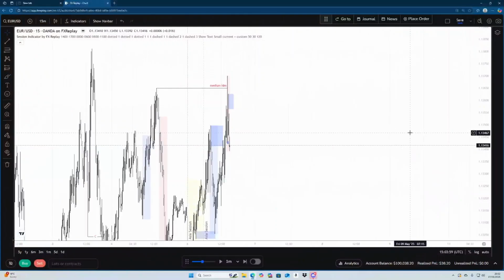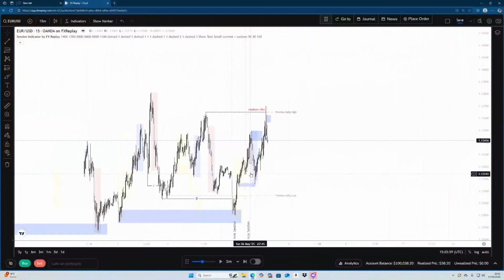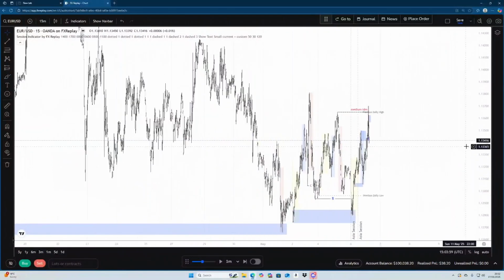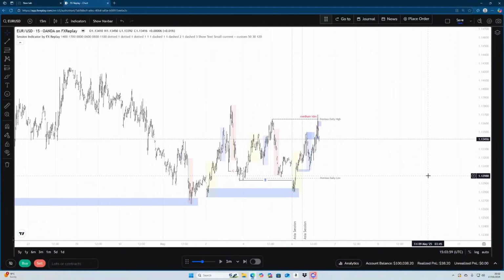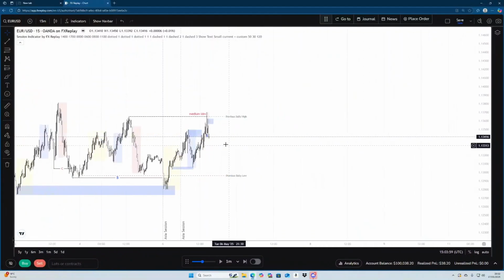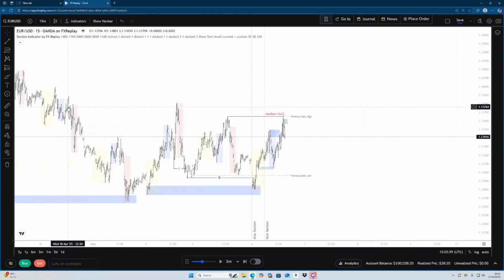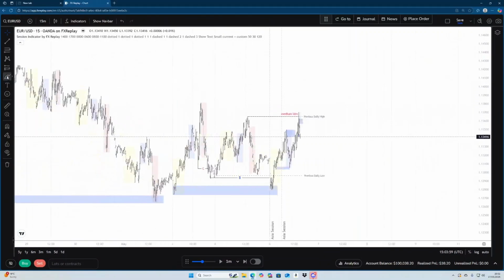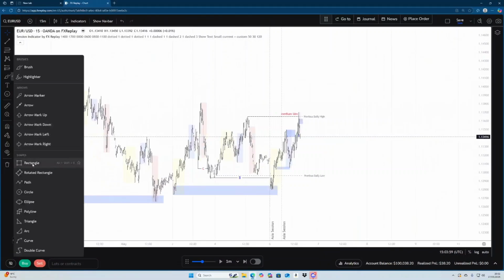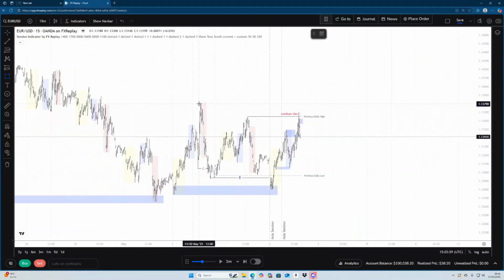But just because there's one break of structure, you don't have to enter straight away. So I'm not going to. I'm gonna wait, maybe see if there's more confirmation. And just quickly, there's liquidity sitting here. I don't want to force that trend line.